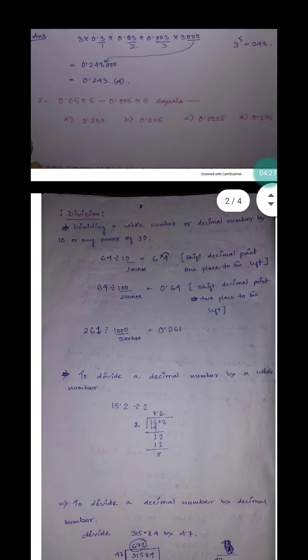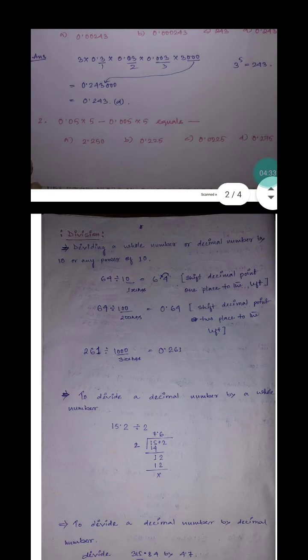Okay, now we are going to discuss division, how to do it. So far we have discussed multiplication, so now we are going to discuss division. In division, we divide a whole number or a decimal number by 10 or any power of 10.